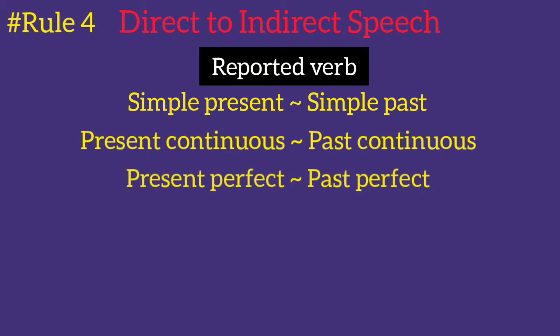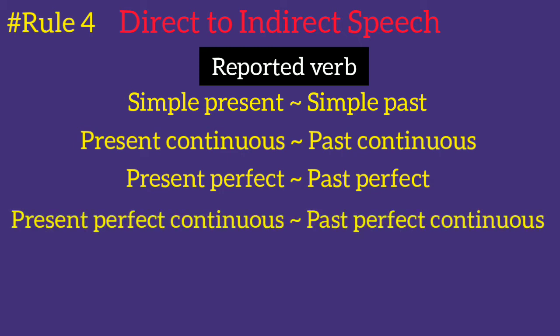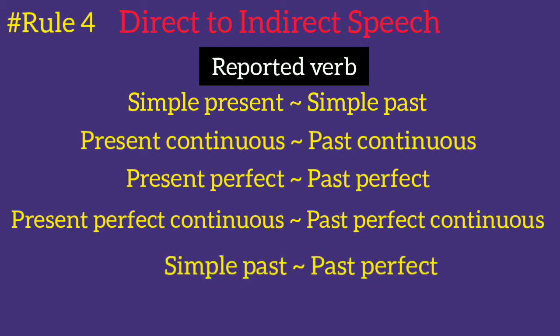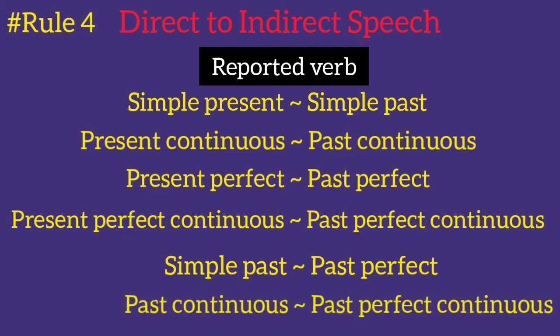Present perfect tense becomes past perfect tense. Present perfect continuous tense becomes past perfect continuous tense. And simple past tense becomes past perfect tense. Past continuous tense will become past perfect continuous tense.